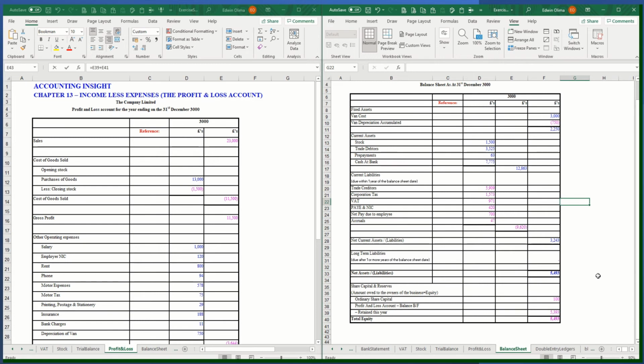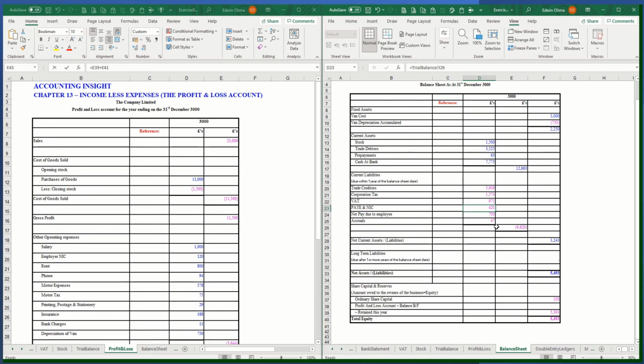Examples in our company are the van, the bank account balance and trade debtors. Liabilities are defined as obligations of an entity to transfer economic benefits as a result of past transactions or events. So in our example, you had trade creditors and corporation tax as examples. There are others as well.